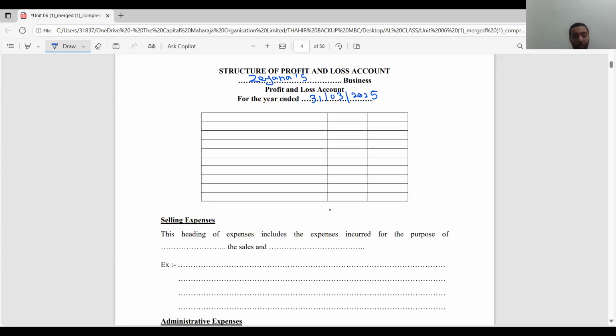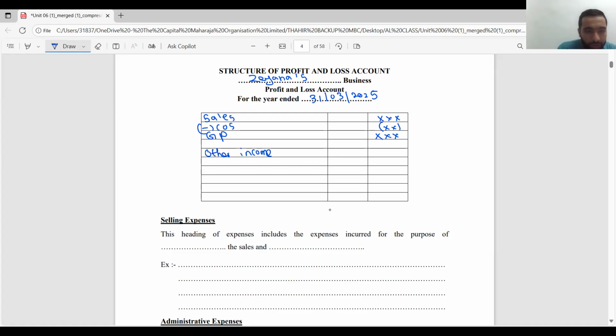Now I'm going to draw the structure of the profit and loss account. Sales minus cost of sales equals gross profit. And then you put other income.